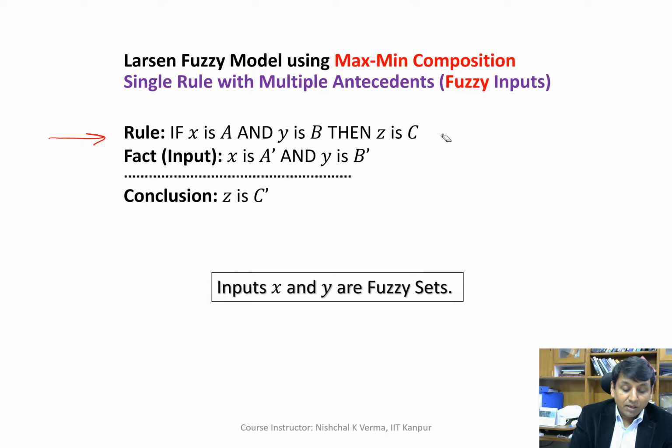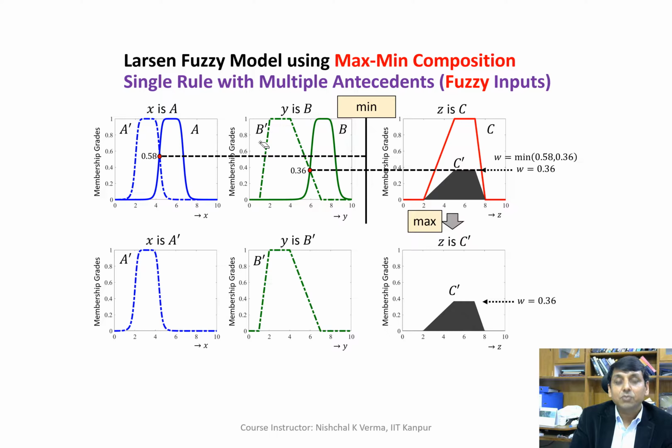Now, if we have a Larsen fuzzy model characterized by this kind of rule, and an unknown input comes to this model, this input can be either fuzzy or crisp. So let's discuss this one by one.